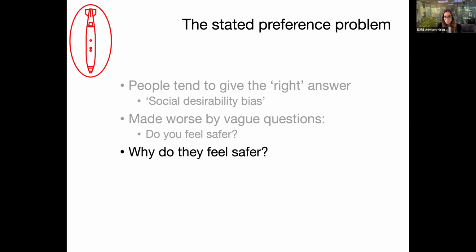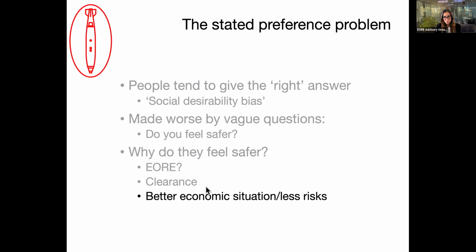Why do they feel safer? Is it because of our risk education? Is it because clearance has removed the hazard? Is it simply because they have a better economic situation and therefore have to take fewer risks? And there is also, unfortunately, the risk of bias of our own surveyors, particularly when these people are our own teams asking about their own performance. People do tend to be biased towards positive answers rather than negative answers.